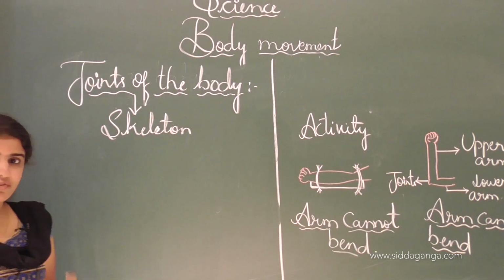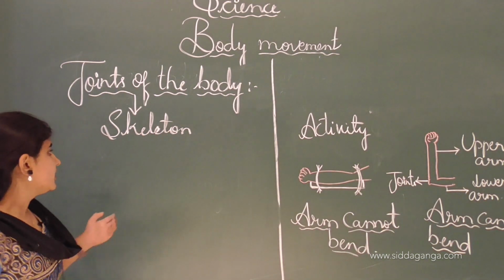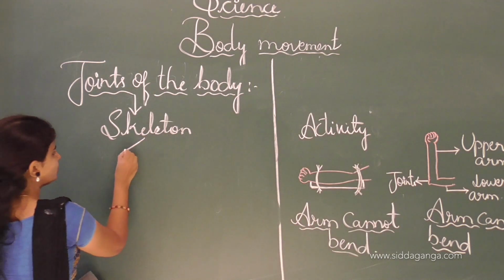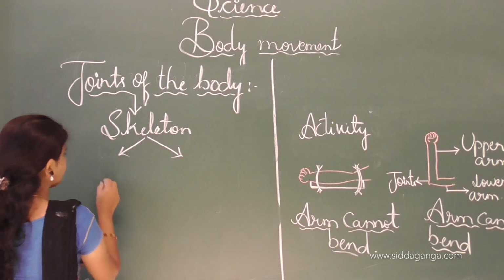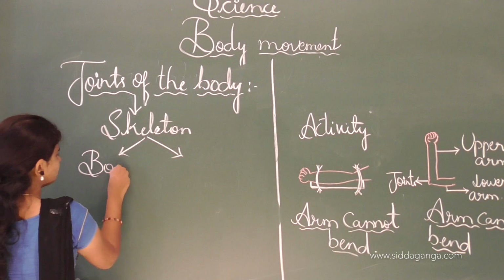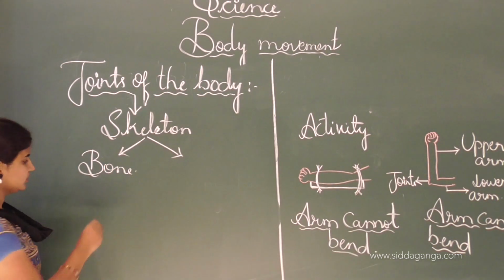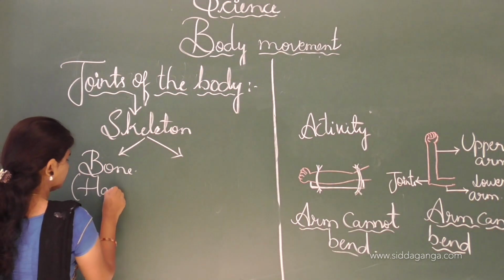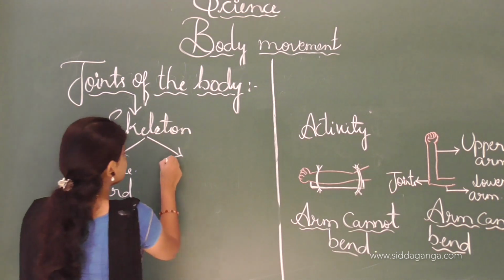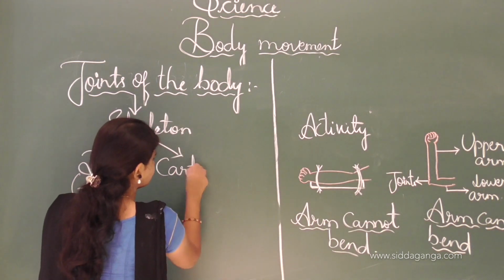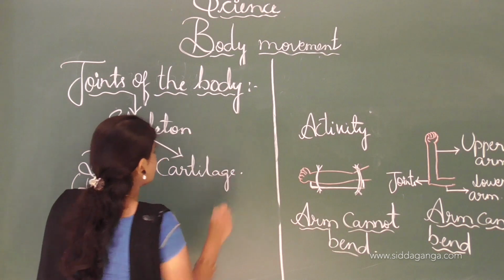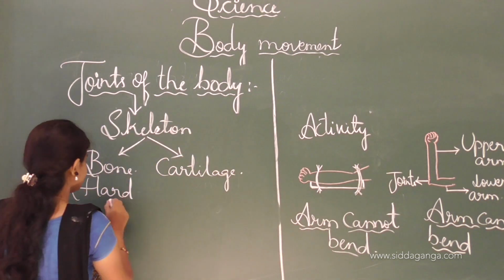The skeleton of our body is mainly made up of two parts: one is the bone, which is a hard tissue, and another one is the cartilage, which is a soft tissue.